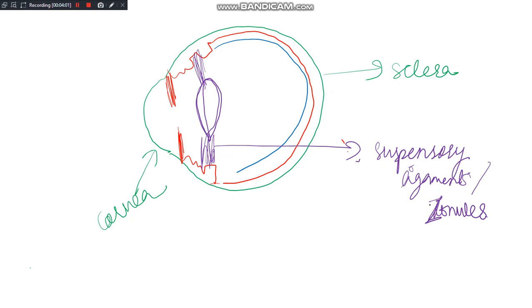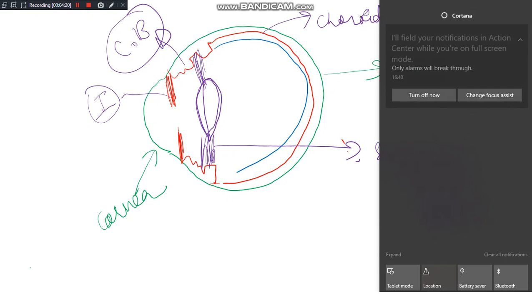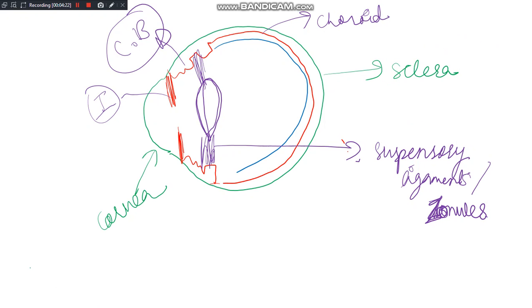That is my Z. Fine, zonules. Understood? The iris, then comes your ciliary body, then comes your choroid. I hope you got this basic structure. Moving on to the next thing.